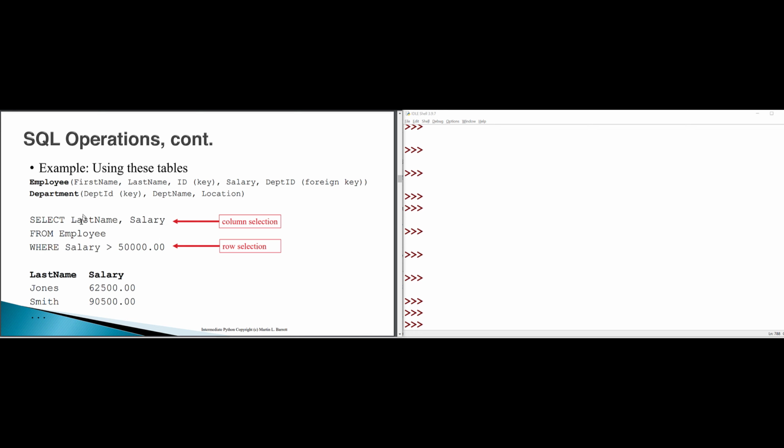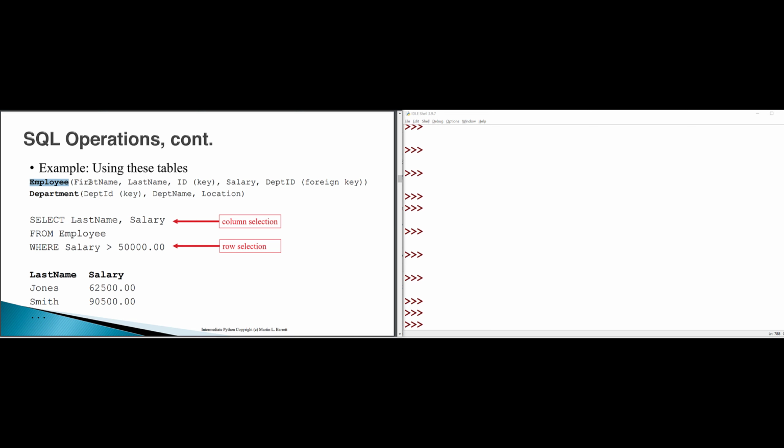Here's a little more complete example. In this case, we're assuming that we have two tables defined within our database. The first table is called employee, and within the employee, there are 5 columns in each row.